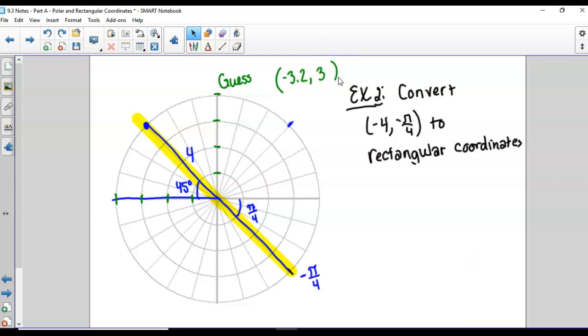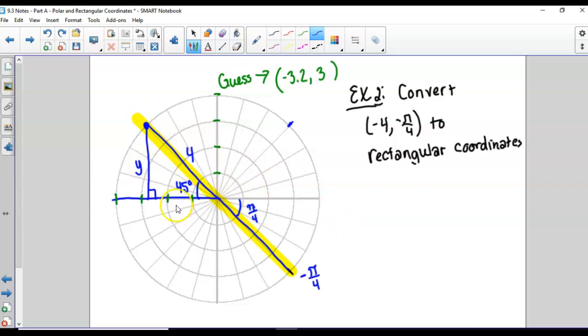So that's our guess right now. We're just guessing. It does appear to be probably about 3, or a little more for both of those. So we want to know the actual amount. So we're going to make ourselves a right triangle. Or it might be 2 something.